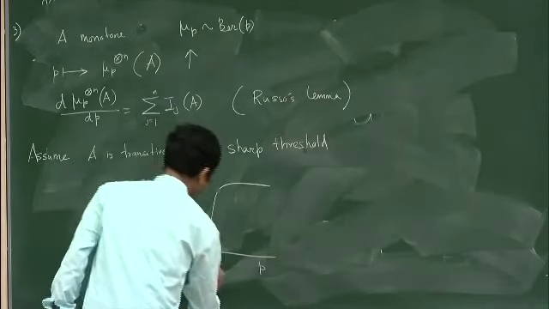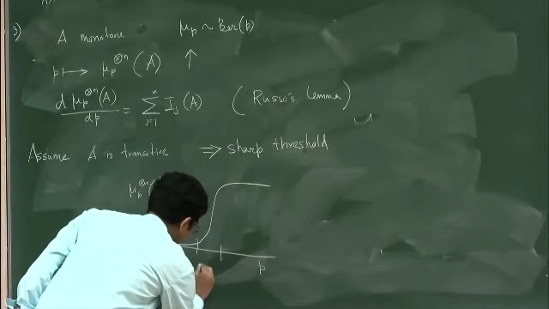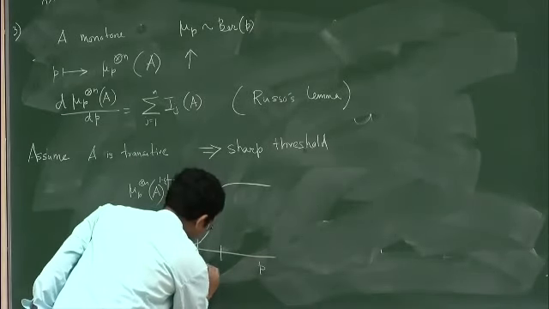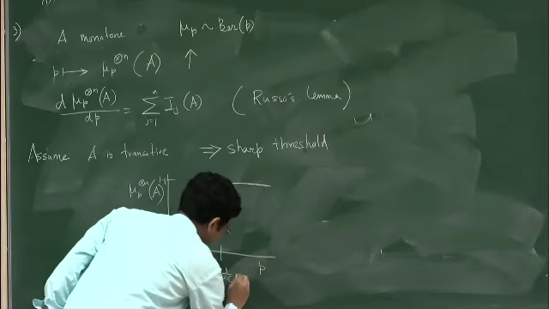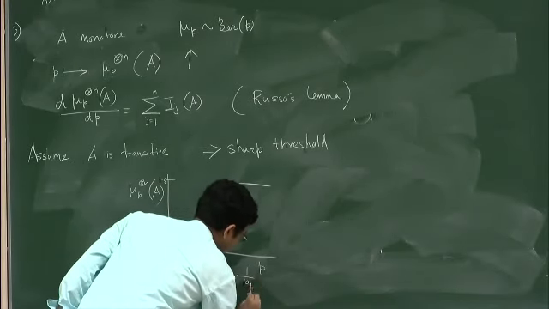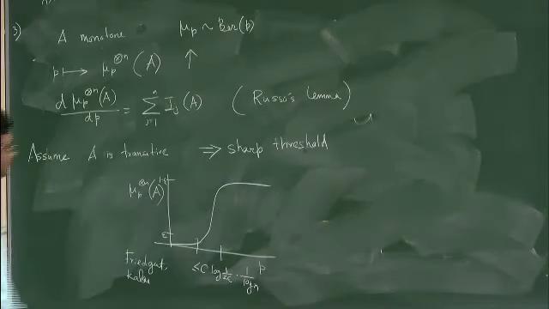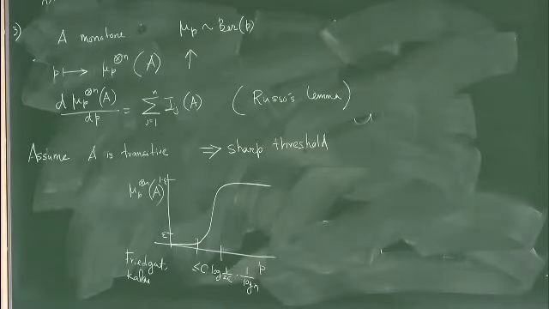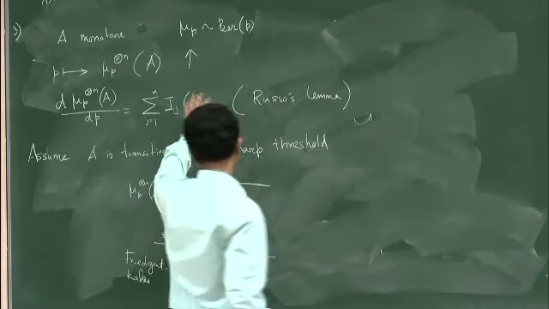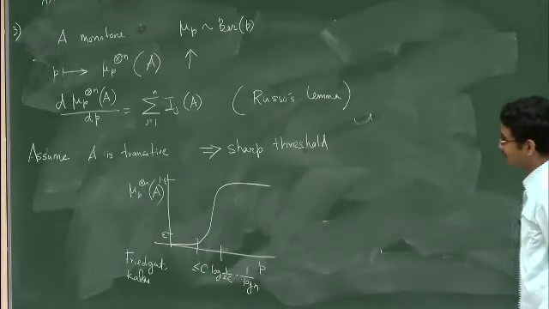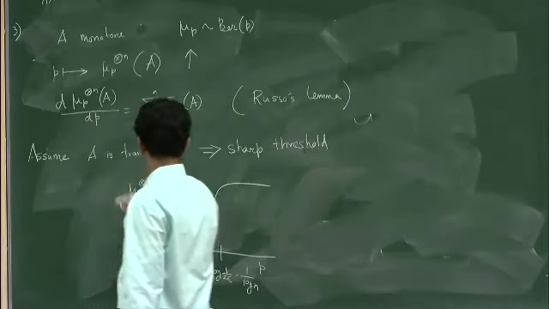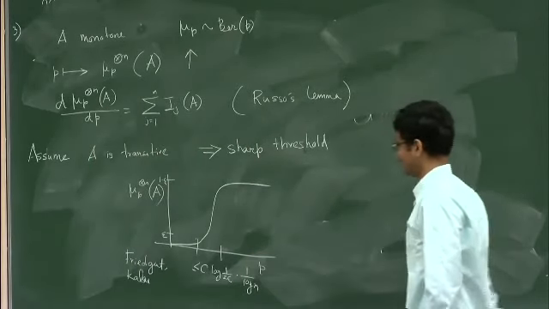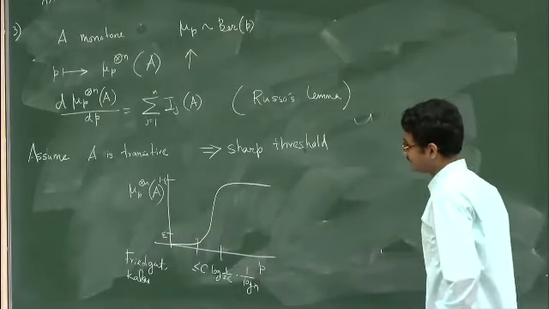They proved that this window is less than or equal to some constant times log of 1 over 2 epsilon times 1 over log n, and this 1 over log n precisely comes from the fact that this derivative is greater than or equal to log n. So if A is monotone and transitive, we always have a sharp threshold kind of result.